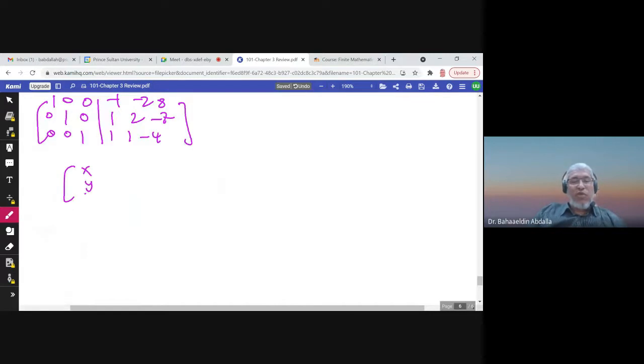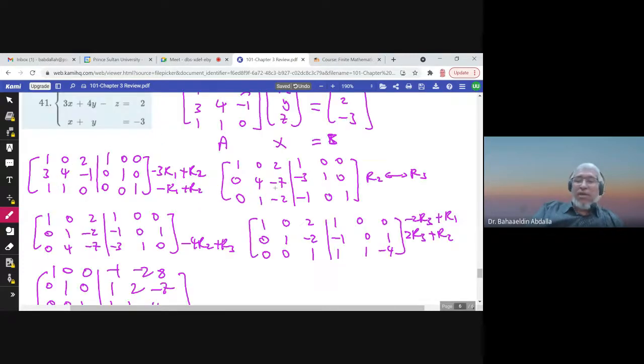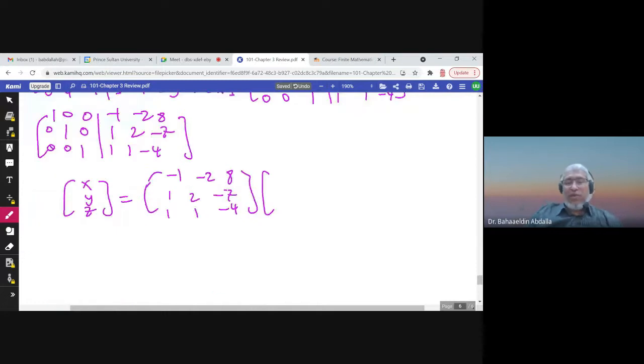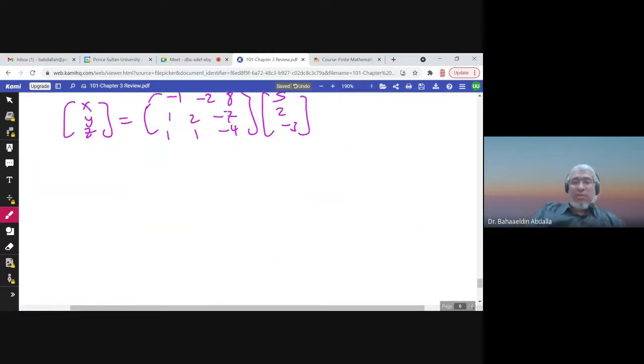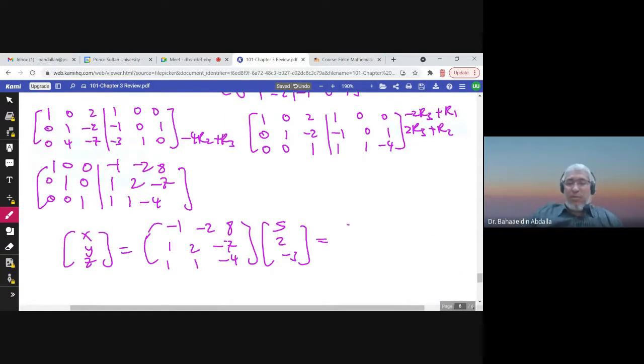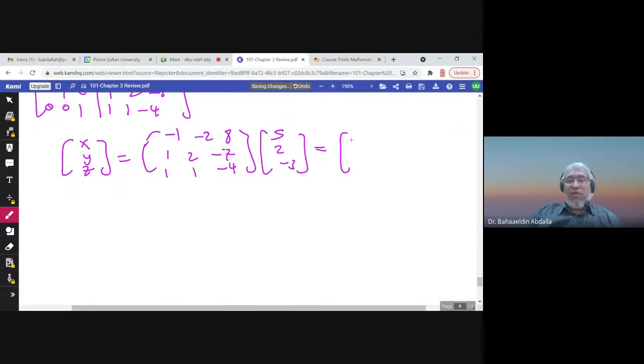I can solve it. So x, y, z equals A inverse, which is -1, -2, 8, 1, 2, -7, 1, 1, -4, multiplied by 5, 4, -3. Is it? Yeah. So the answer would be -5 minus 4 minus 24, which is -33.